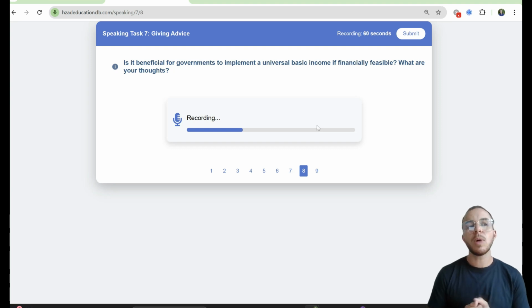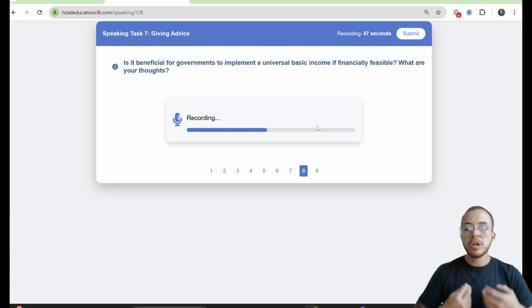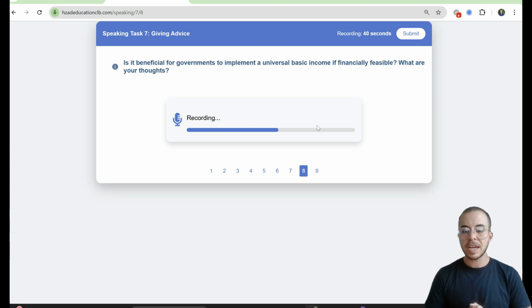Universal basic income will help those in the lower income class or lower middle income class to maintain a steady lifestyle. Therefore, they will contribute more to the economy. They will have more surplus income to give value and purchase products in our society.